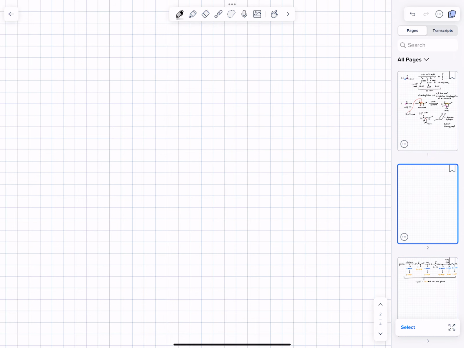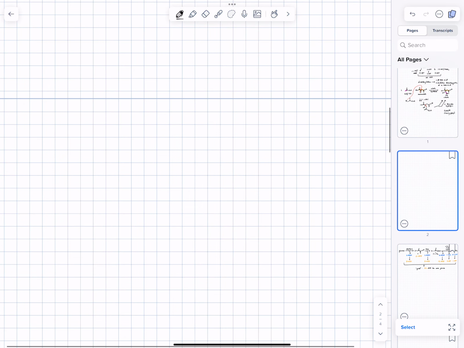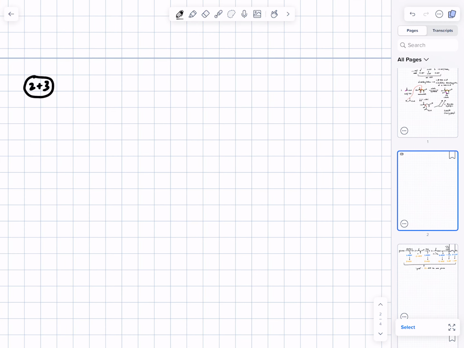The reason that matters is that sometimes there are individual enzymes that catalyze the same step, and an example of that is what I'm going to show here. So I'm going to call this steps 2 and 3 because it's all catalyzed by the same enzyme, and that enzyme is called aconitase.